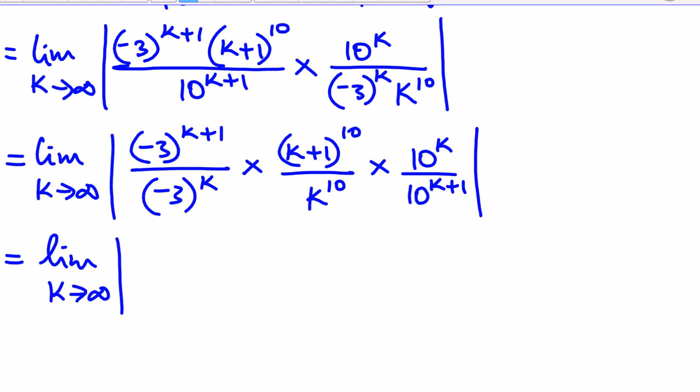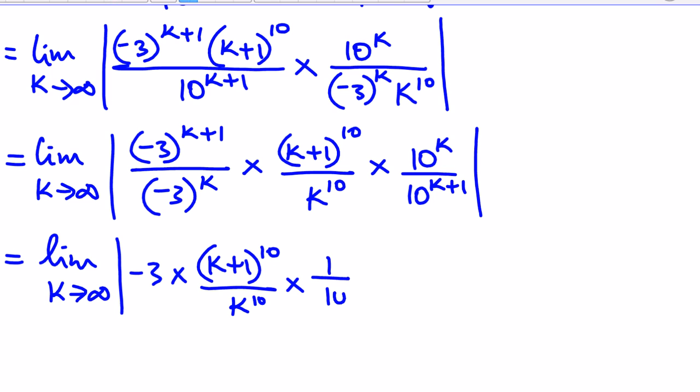So what I'll end up with is -3 multiplied by (k+1)^10 over k^10 multiplied by 1 over 10, which will be the limit as k approaches infinity of 3 over 10.